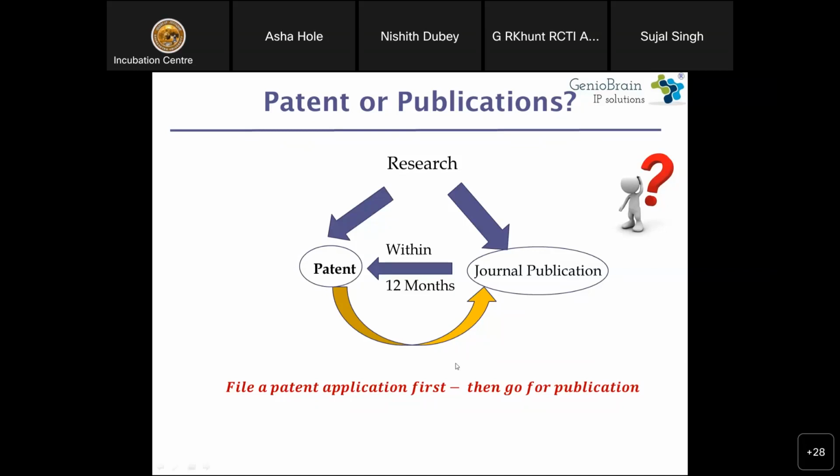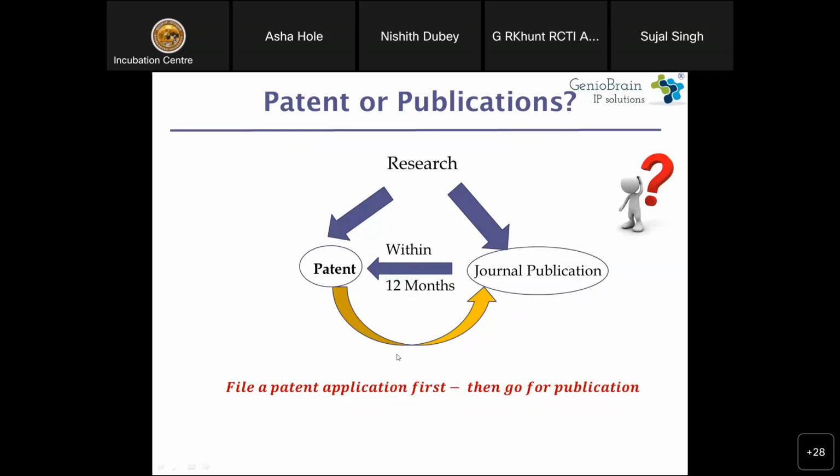But by any means, if a scientist has missed that, and obviously if he doesn't know about this, he just simply publishes all his research material in the journal. Let's say the journal publication was done at the first instance. So what to do? The Indian Patent Office and most countries' patent offices have a grace period.